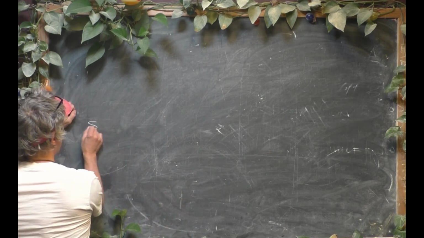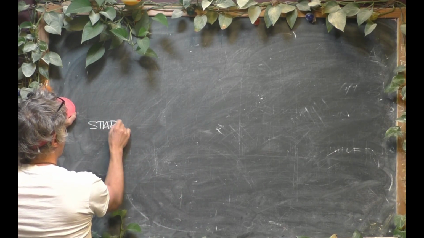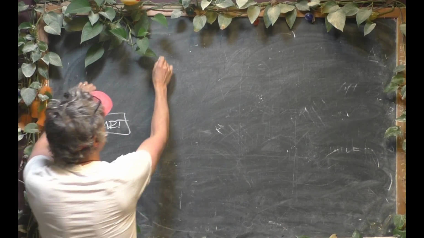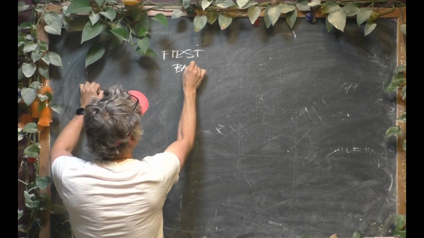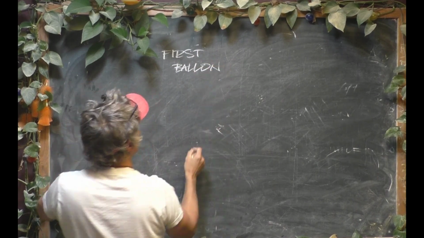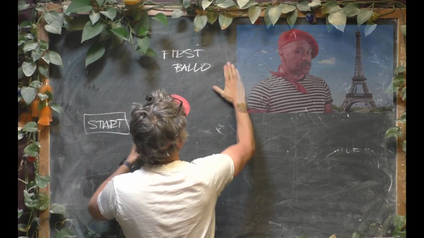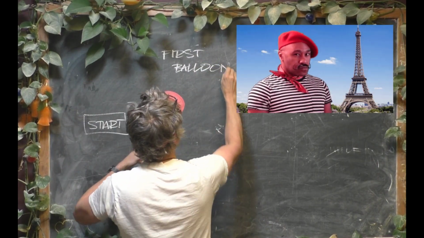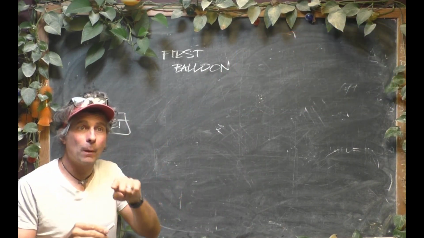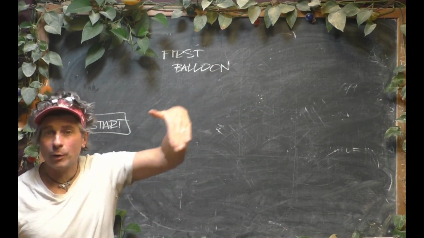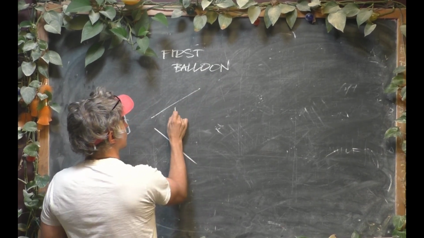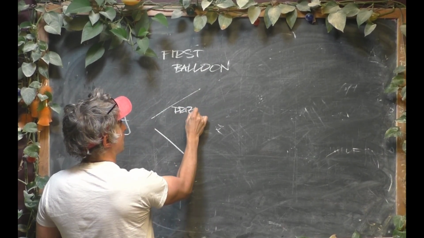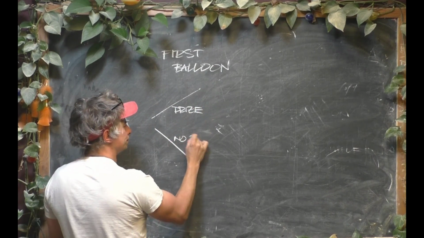So you're starting out here, and then you're going to pick the first balloon. Let's spell balloon. Okay, so either it has a prize or it doesn't. Prize, no prize.